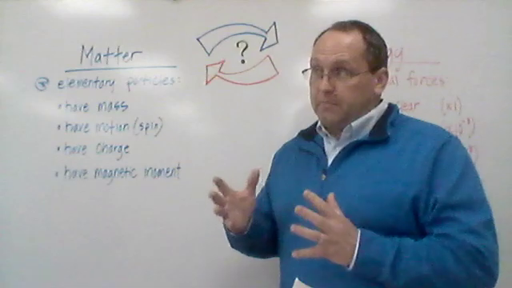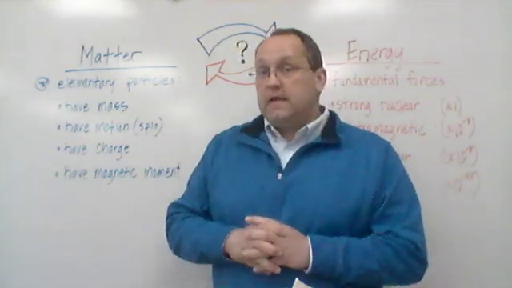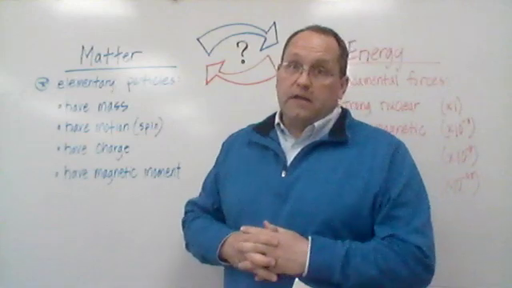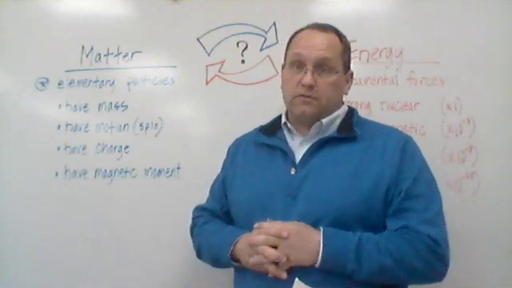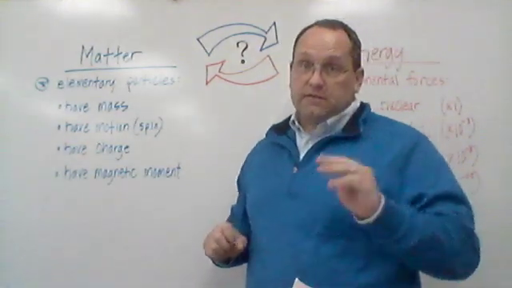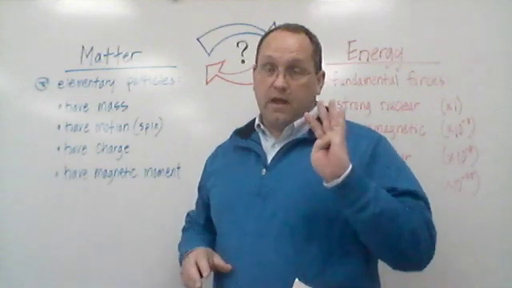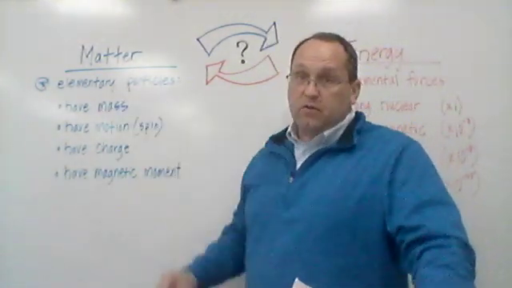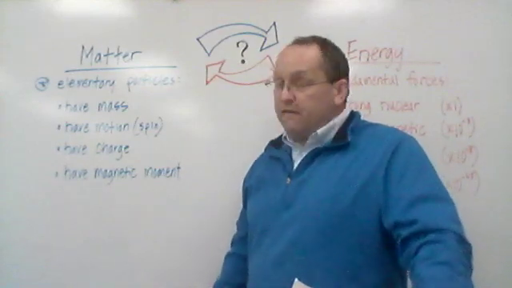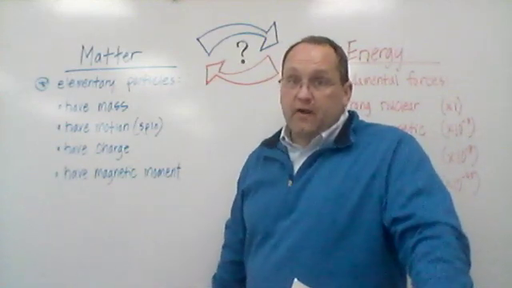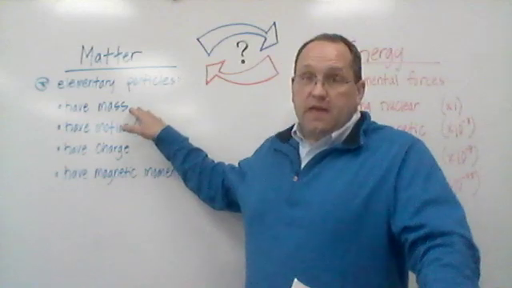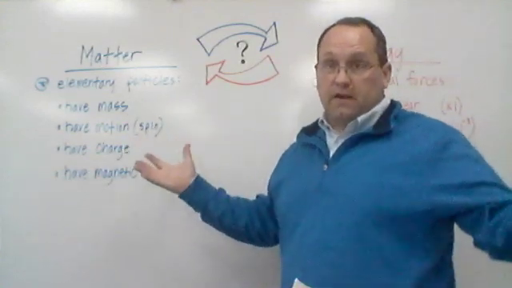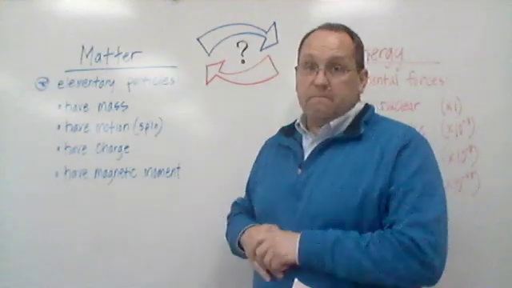Some people believe the electron itself is an elementary particle; some believe that even the electron is made up of smaller particles. But as far as they know now, those subatomic particles, elementary particles we call them, have four defining characteristics. One, they have mass. They make stuff. They're made of matter.